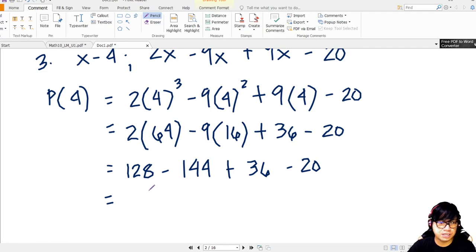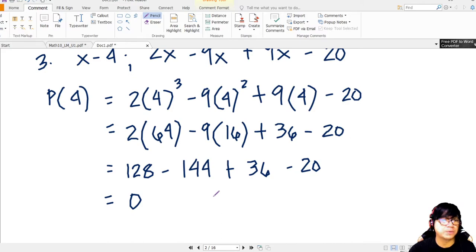The answer is 0. If we combine, 128 plus 36 is 164, and negative 144 minus 20 is negative 164.